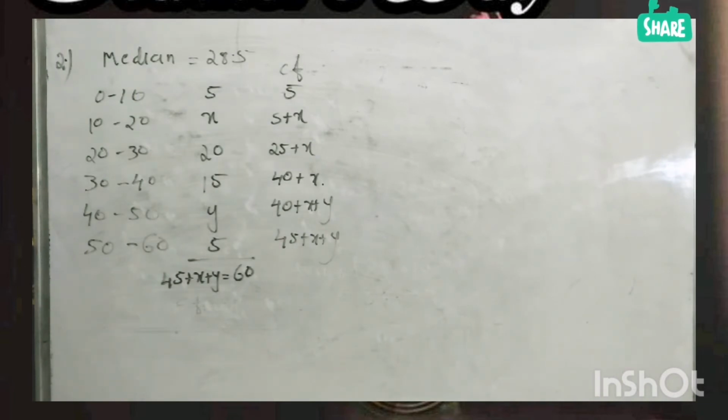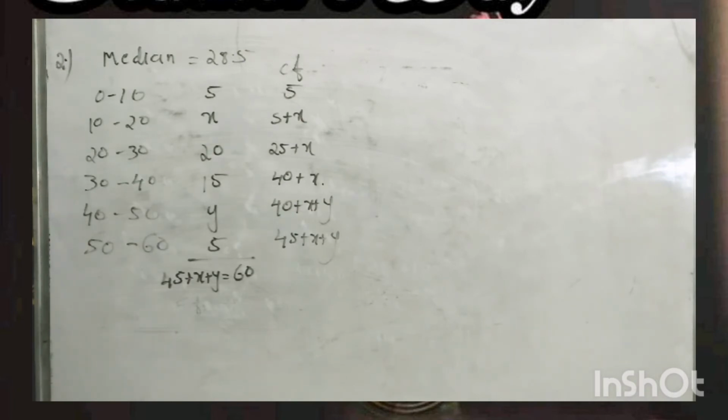Now, the median is equal to 28.5. We know that the median lies in the median class. And for the median class, we need to get the class whose CF is greater than 28.5 and nearest to 28.5.